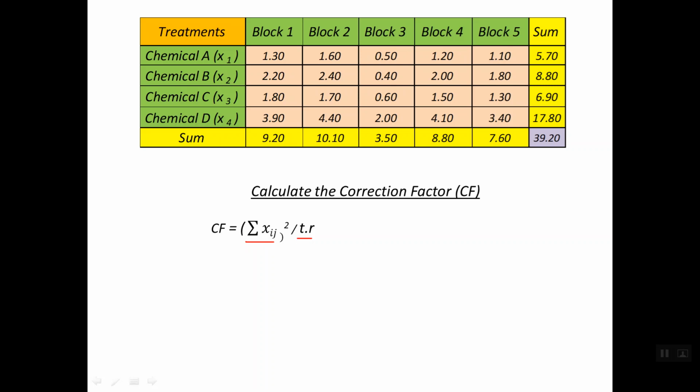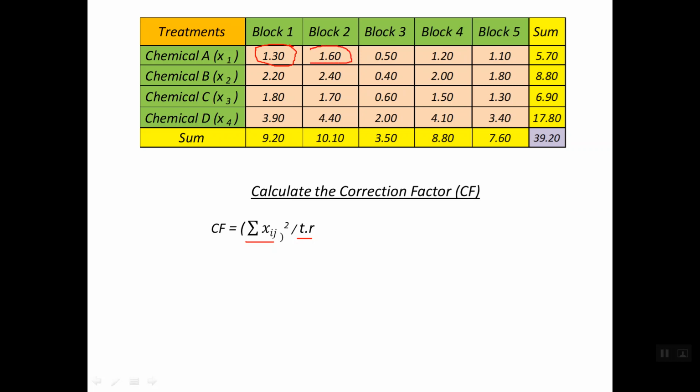Notice that I represents the treatments and J represents the blocks. For example, this record here, 1.30, is X for I equal 1 and J equal 1. So this belongs to X11.